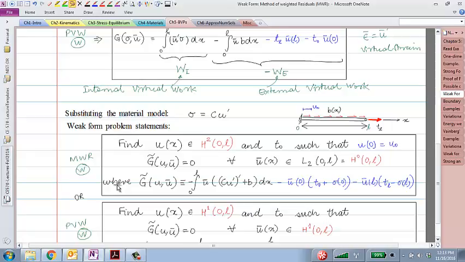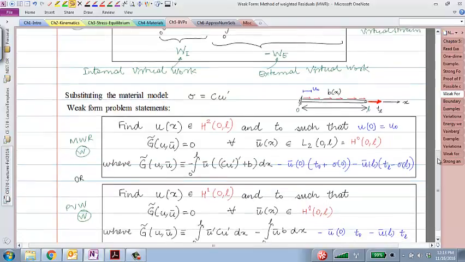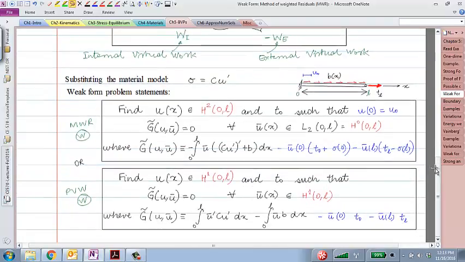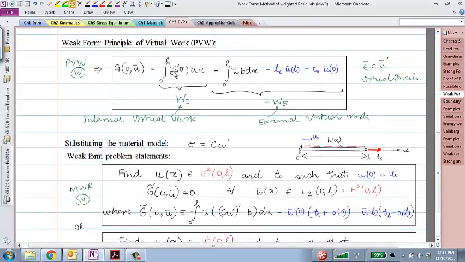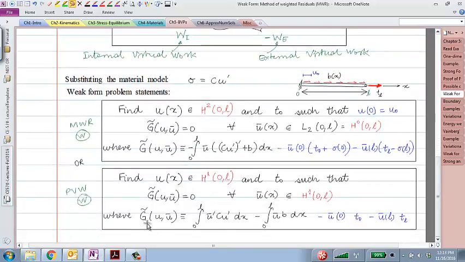Okay. Now let's go to the other weak form, the PVW weak form. In the PVW weak form, you can see that what we wrote out here, there is one derivative on the virtual displacement and one derivative on the real displacement. And I've rewritten that function out here, clearly u bar prime and u prime. That's just sigma. Okay. So in this form of the weak form problem, what we are saying is find the displacement function again, real displacement function again, but from a space that only needs to be H1.